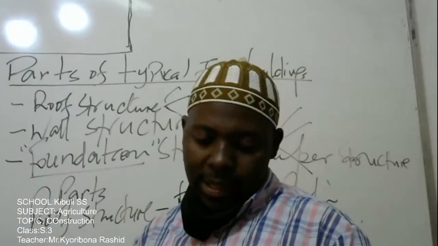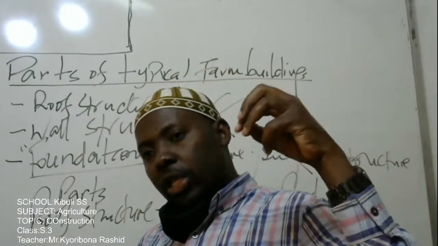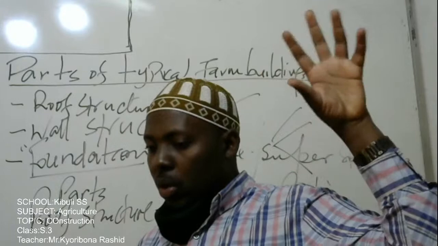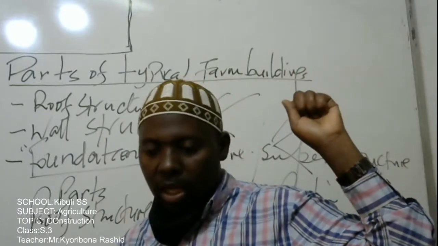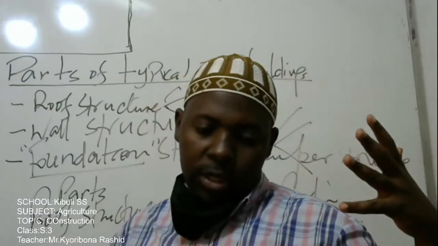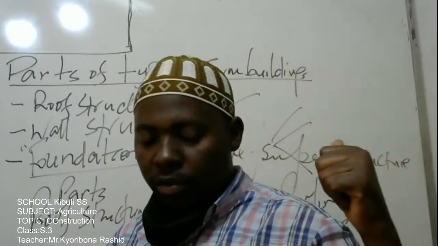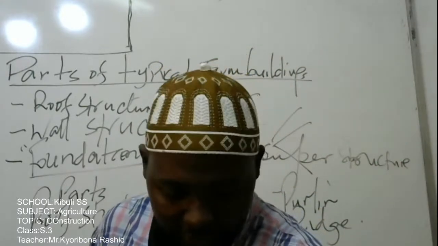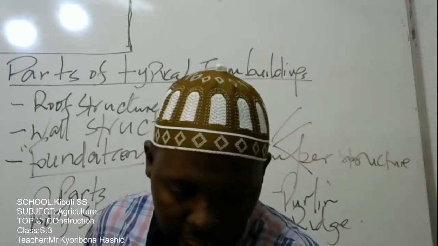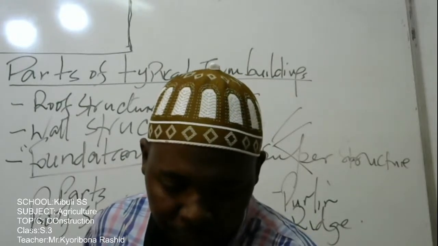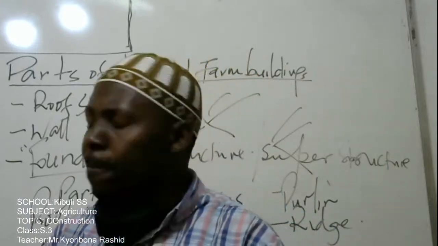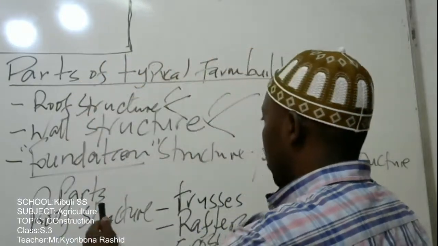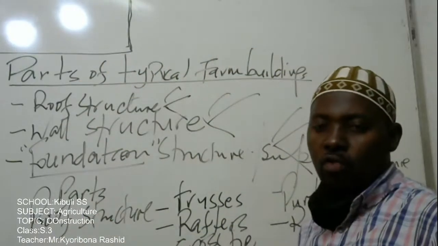For the assignment I've given you, go to a place where they are roofing in your area and see some of these parts. You cannot see them now because this is an online lesson. So these are the features of the roof.